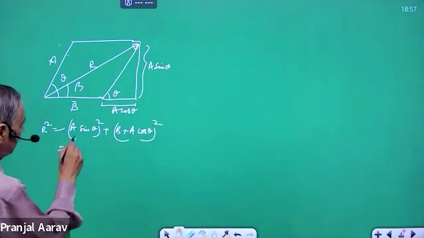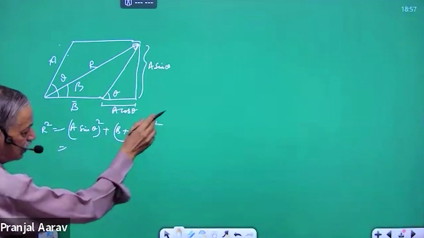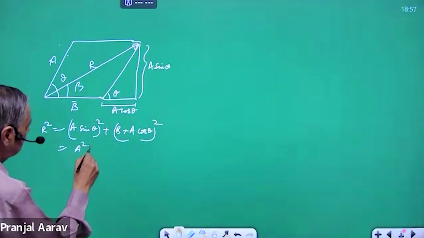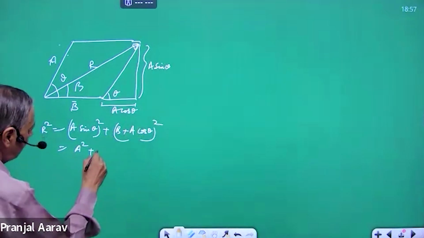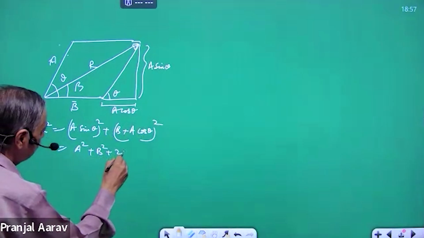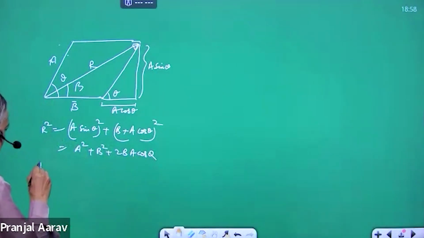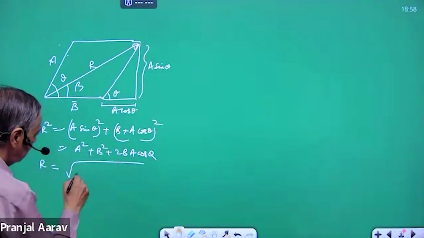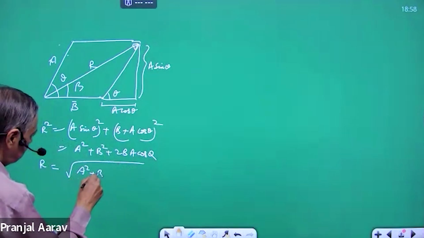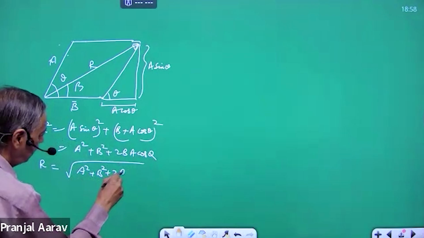And that becomes A square sin square theta, and this is A square cos square theta. So that will become A square plus B square plus 2BA cos theta. Simple. That means R is equal to root of A square plus B square plus 2AB cos theta.